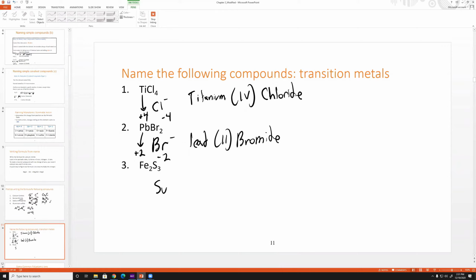We have sulfur, which would become sulfide, and sulfur has a -2 charge, but there's 3 of them. That means we have -6, and then we have another +6 situation here, which means each of our ions, since there are 2 of them, has to be +3. So we'd have iron 3 sulfide.